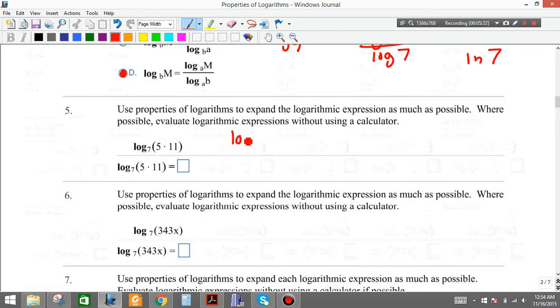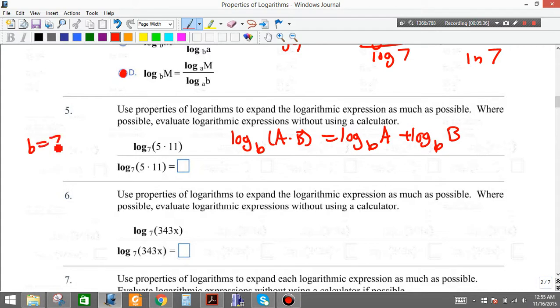And we just learned that log base b of A times B is log base b of A plus log base b of B. In this case, little b is 7, capital A is 5, and capital B is 11. Therefore, this is equal to log base 7 of 5 plus log base 7 of 11. And we'll leave it just like that.